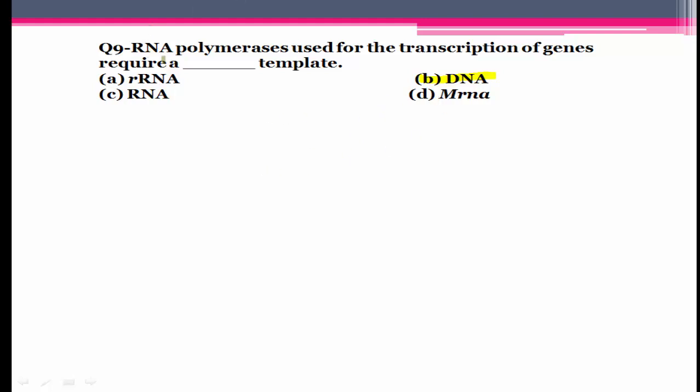If the question were instead about DNA polymerase used for reverse transcription, it requires RNA as a template, because RNA dependent DNA polymerase is nothing but reverse transcriptase, where the DNA molecule is synthesized from the genetic material RNA. But here the given question is with respect to the normal transcription process and the enzyme is RNA polymerase, which is dependent on DNA and it requires DNA as template.